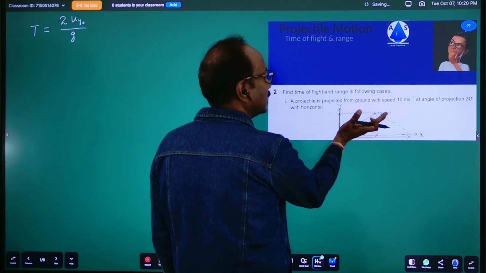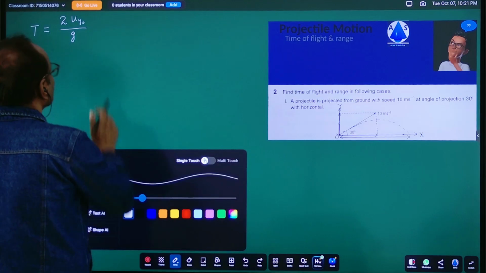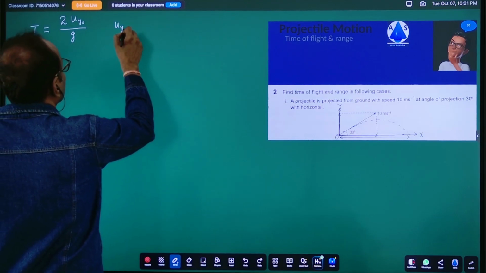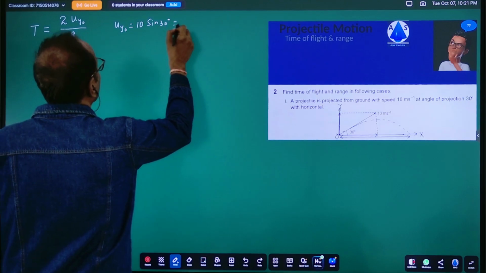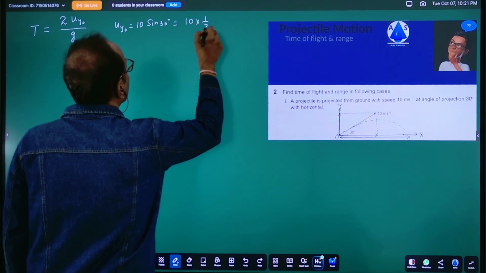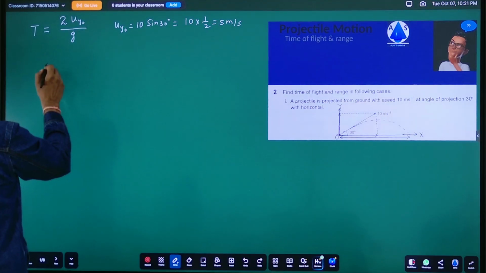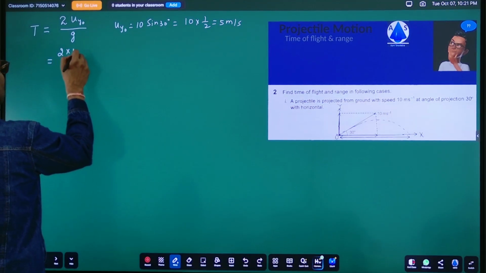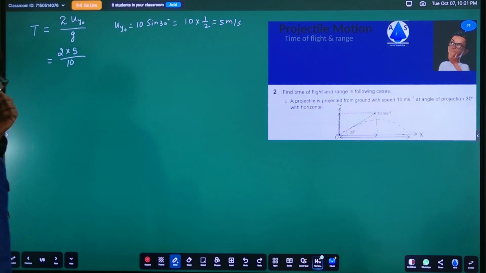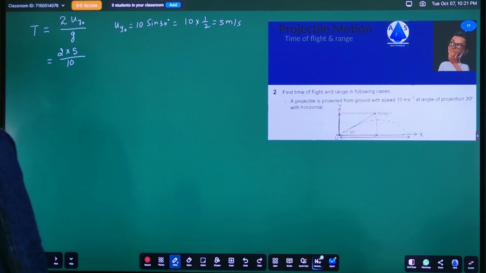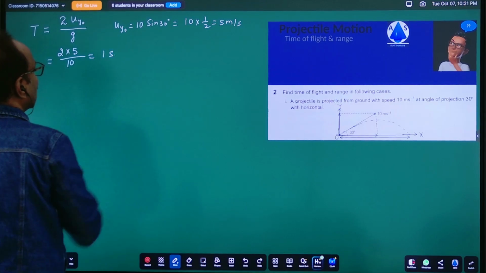So uy naught is 10 sine 30 degree, which is 10 into 1 by 2, is 5 meter per second. Put the value over here, 2 into 5, and g, for the convenience of calculation, we can take as 10 meter per second square. So this will be 1 second. The time of flight we got.